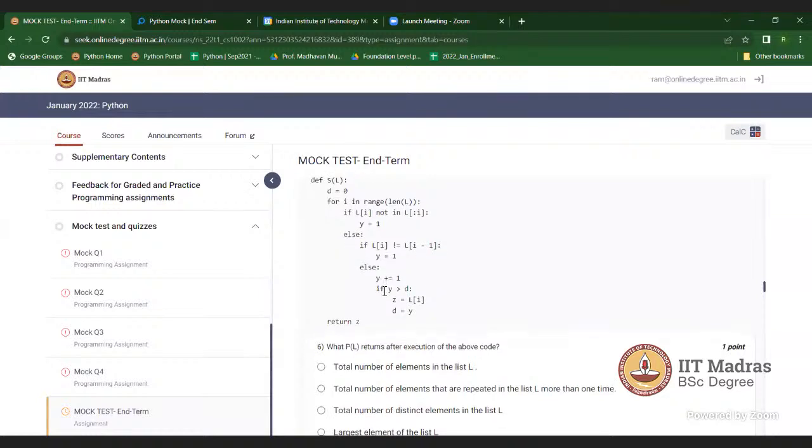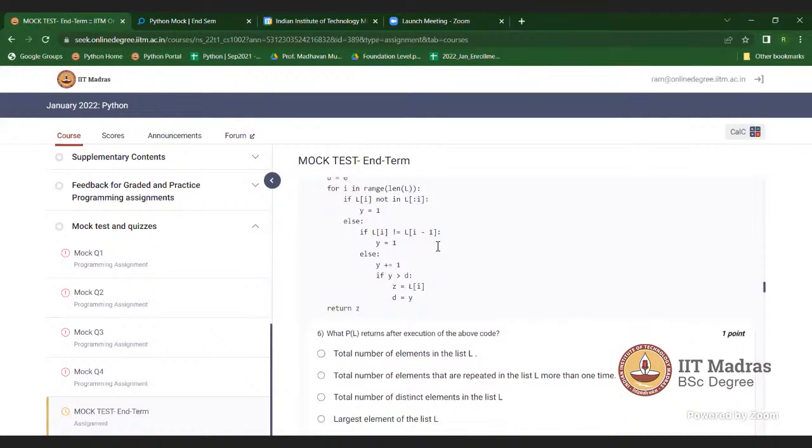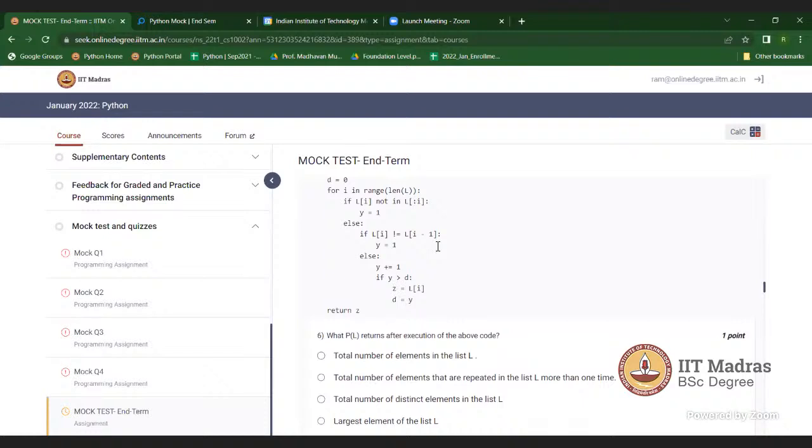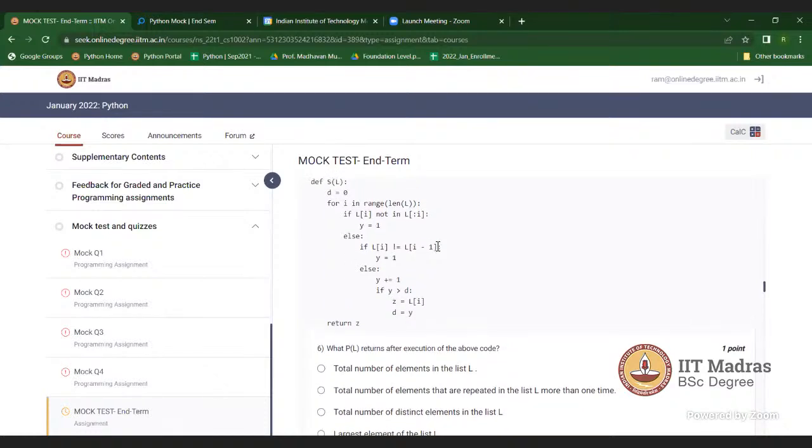In the if condition, we are checking the first element with the last element, right? L of 0 with L of minus 1. When I equals 0, I minus 1 is L of minus 1, so it's the first element and the last element.